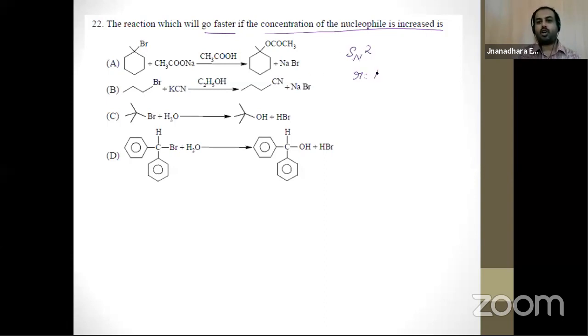Rate of reaction depends not only on the concentration of the alkyl halide, but also on the concentration of the nucleophile. Chat responses are pouring in. D is suggested, C is suggested, B is suggested. We are in a mess again, but the majority is suggesting B. We'll check it out.